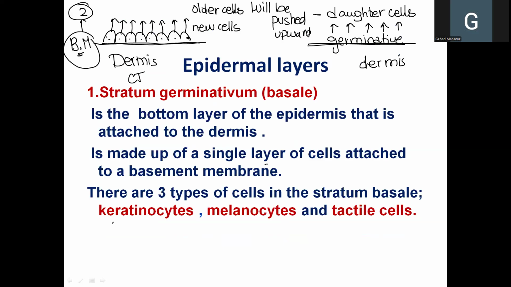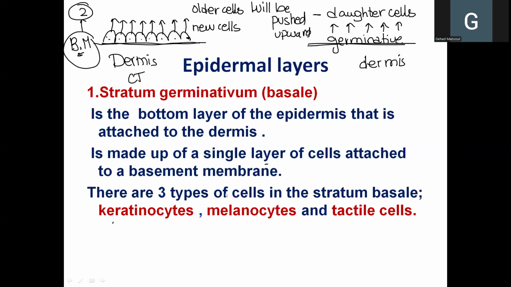The majority are the keratinocytes, and there are the melanocytes that produce melanin pigment. So we have the keratinocytes, the melanocytes, and a third group of cells that we haven't mentioned in the last video, which is the tactile cells.